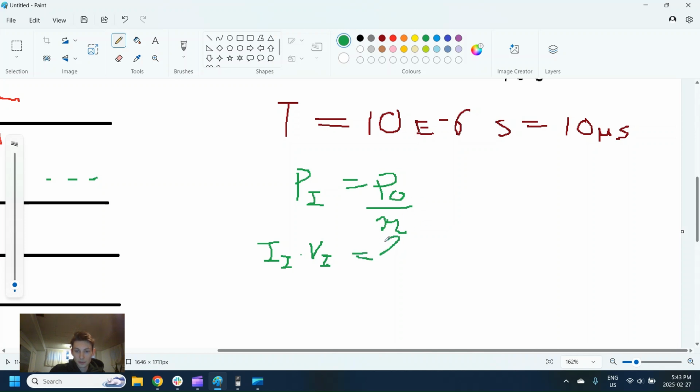So I in is going to be P out divided by efficiency, all divided by our voltage in.